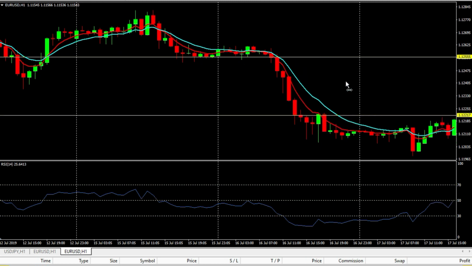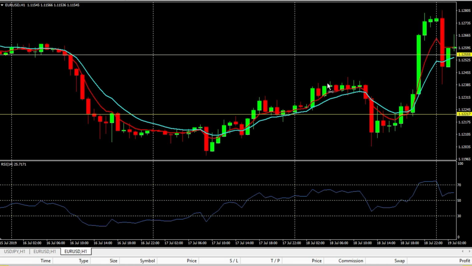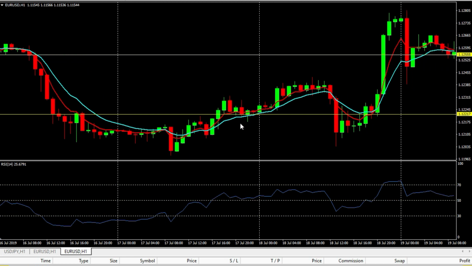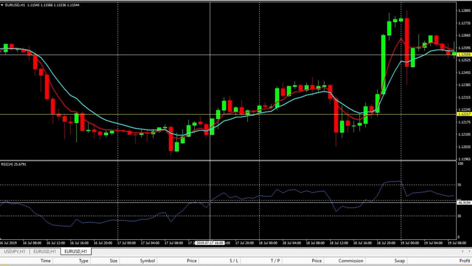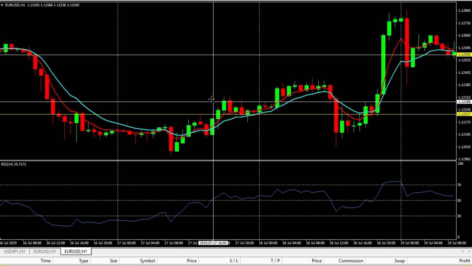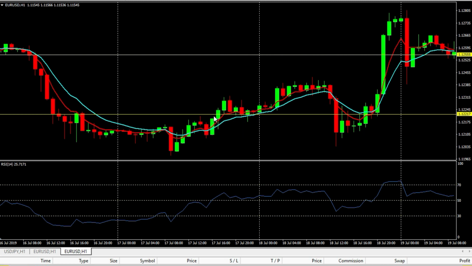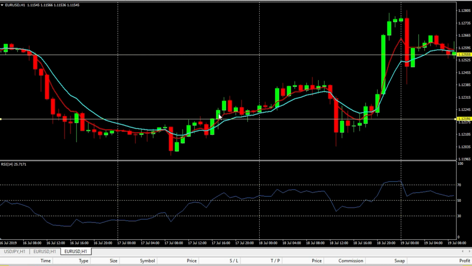Now we want to take another trade. We wait for the RSI to go above the 50 level. Okay, now the RSI went above the 50 level here. Can you see here at this level? So we will take the entry at the open of the next candle, which is this candle.